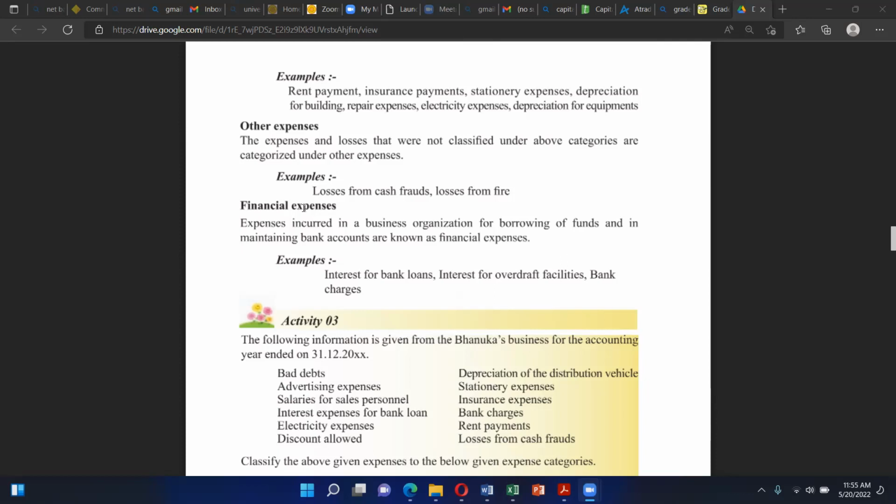Then what do we put for the ones that fit none of those three? Other expenses. Write it down, other expenses: anything which cannot be categorized under the above three types of expenses will be recorded there.